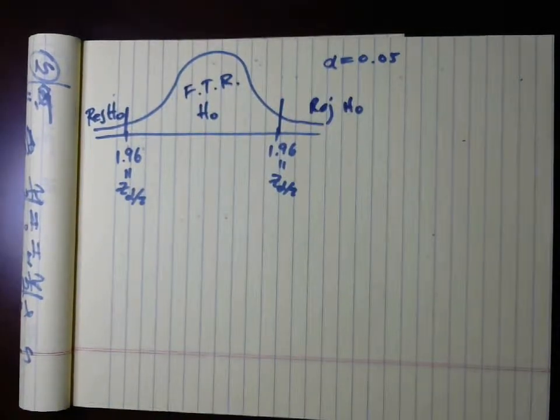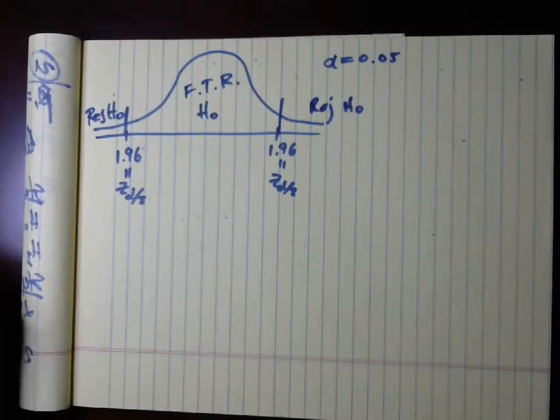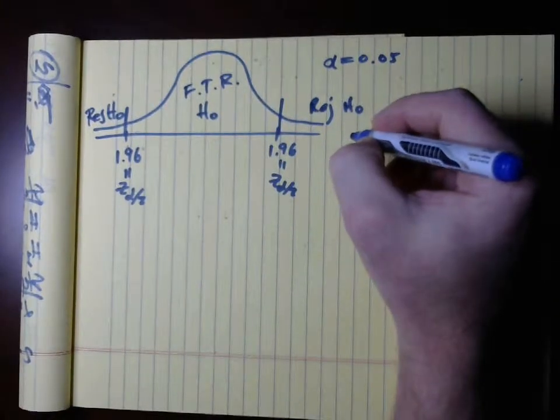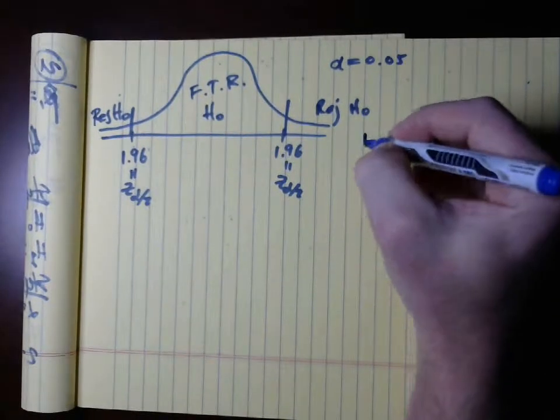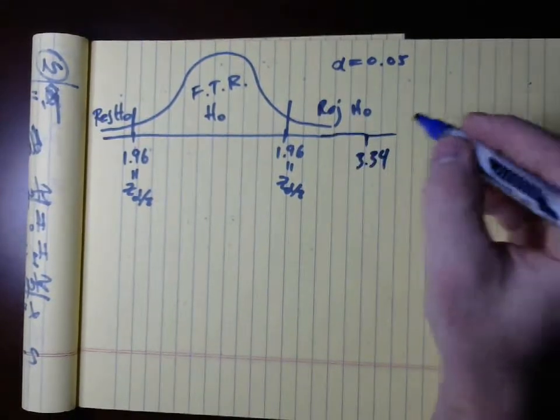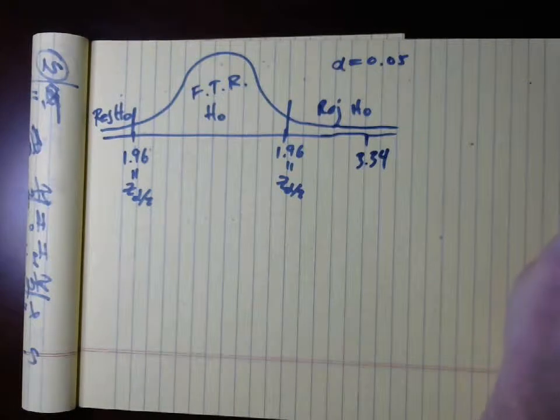So where did that test statistic lie? And we found out that we have 3.34, which is way out here. 3.34. Way the heck out there.